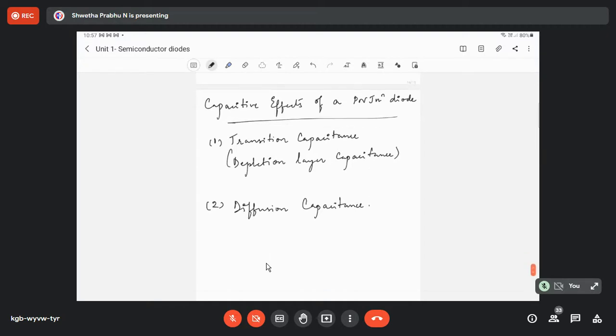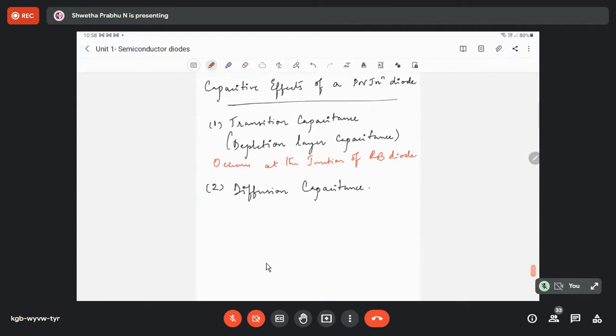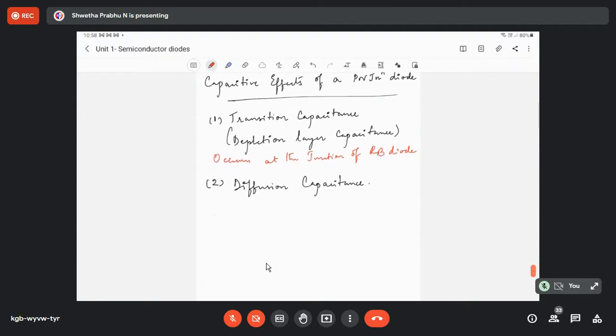The major difference between these two capacitive effects is that the transition capacitance occurs at the junction of a reverse biased diode, wherein the diffusion capacitance occurs at the junction of a forward bias diode.